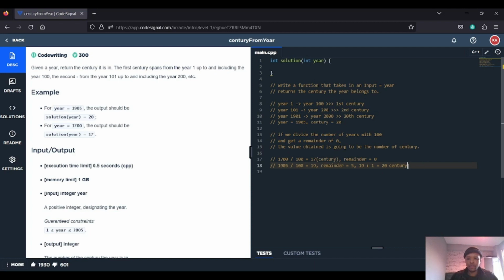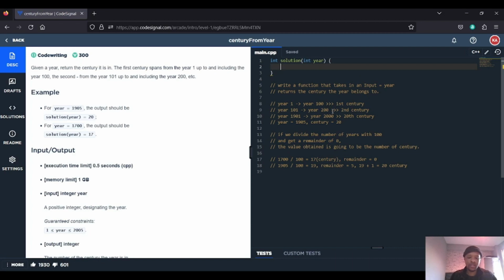Okay, now let's use this idea that we have discussed to write a solution for this question. Okay, so looking at the solution here, we have a function called solution that takes an input, which is the year, and now we have to return the number of centuries for that particular year.